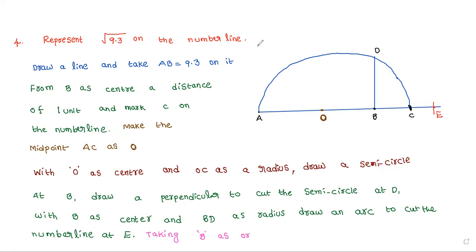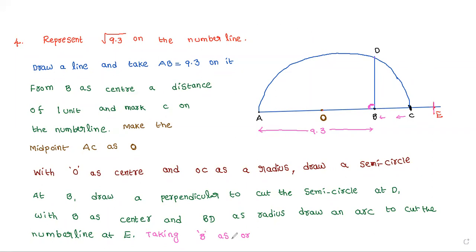Perpendicular means 90 degree. Using the protractor, draw the BD perpendicular line at point D. Using the BD distance we draw one arc to E. Okay, so let's write down.